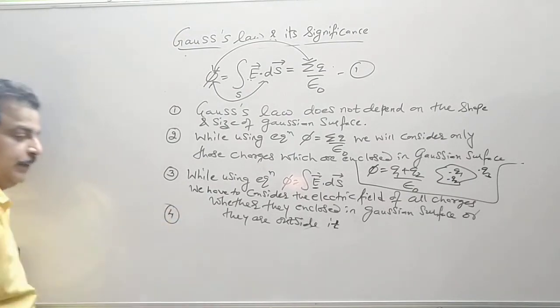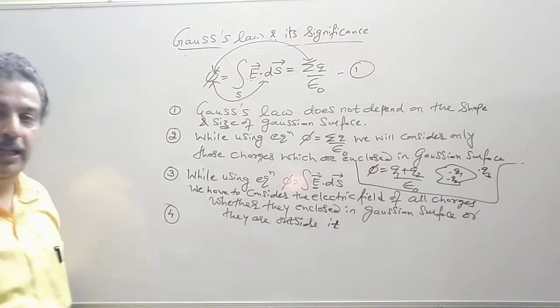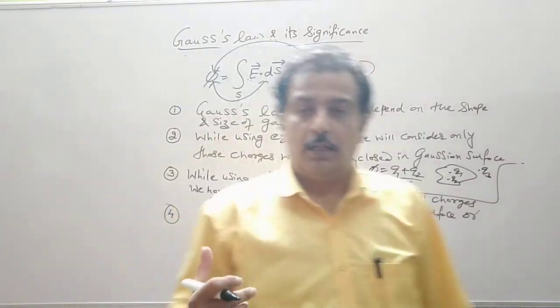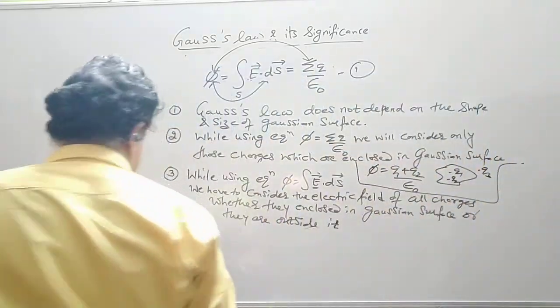Again, the fourth point that we have discussed: to apply the Gauss law, we have to imagine a closed surface and it is named as Gaussian surface.